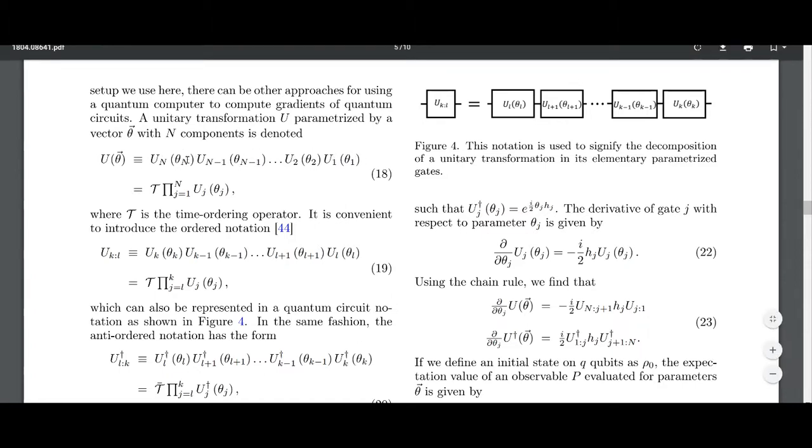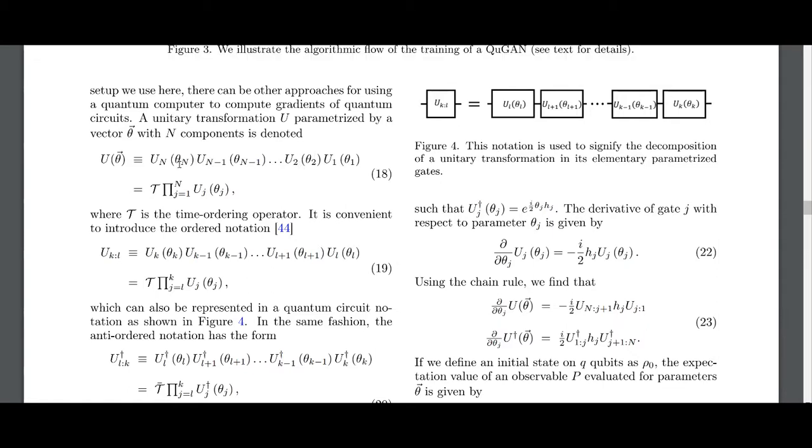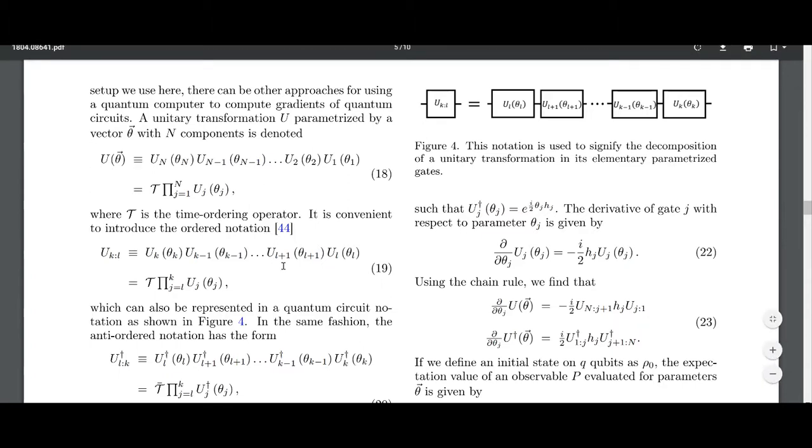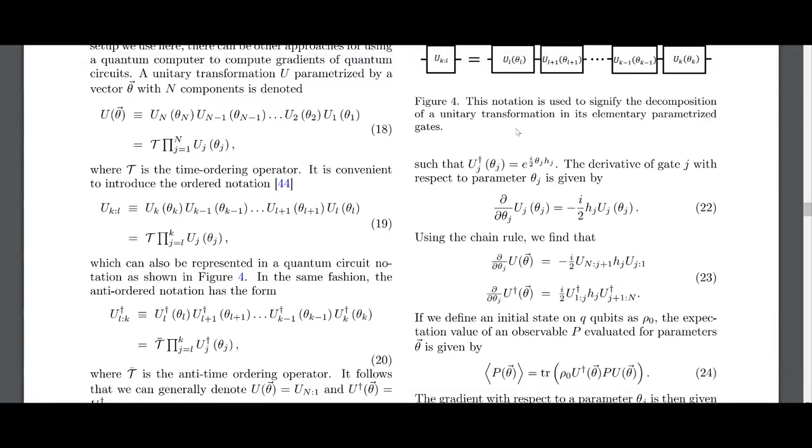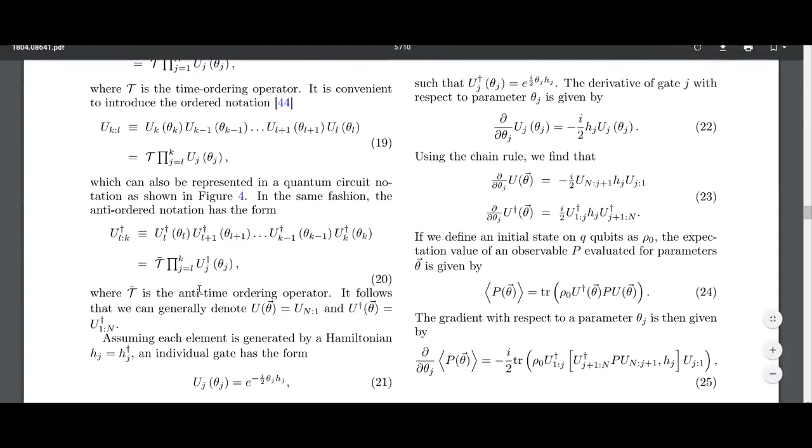Each of them has maybe its own parameter, which doesn't have to be the same theta. It can be a version of it, or the same in some cases. This is really a general notation. All you have to look at is this one, where you've got a gate which is equal to this gate, then this gate, then this gate, then this gate, and each of them has a parameter. That's all that column is saying.